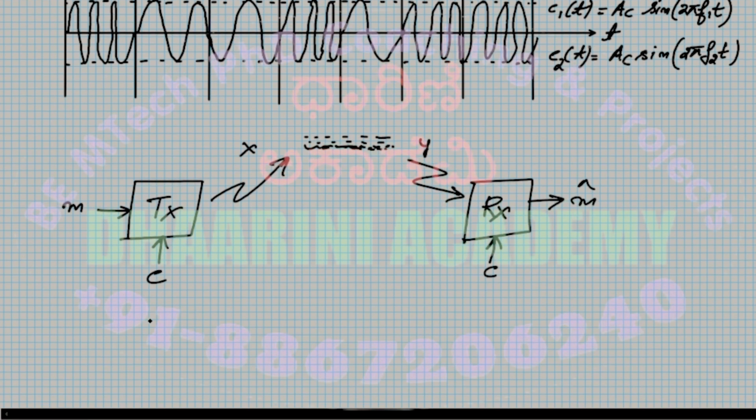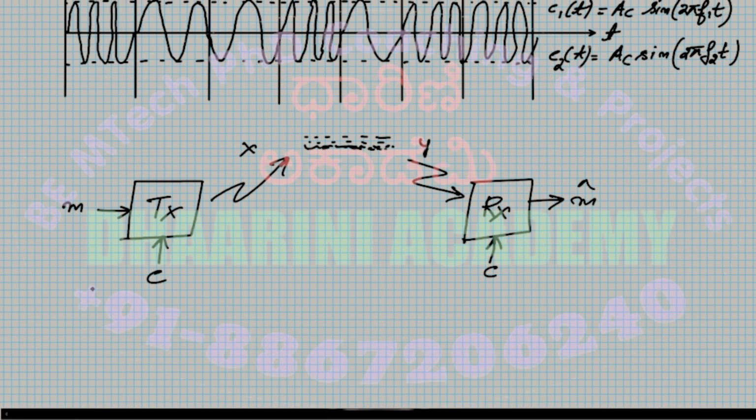Whenever we go for ASK, you will see there are two techniques. One is coherent ASK, and one more is non-coherent ASK. Coherent means the receiver has a clear idea about what carrier was used.